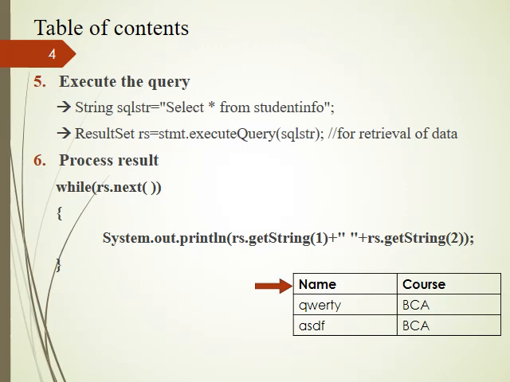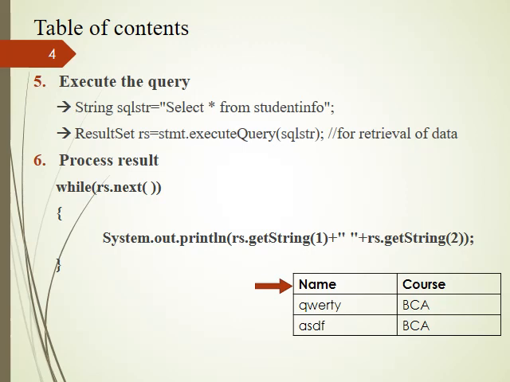So when you put the rs.next into the while loop, first the pointer will be before the first row. When the statement is executed the first time, it will come to the first row, that is QWERTY and BCA. And using the System.out.println, we are printing the data onto the screen.